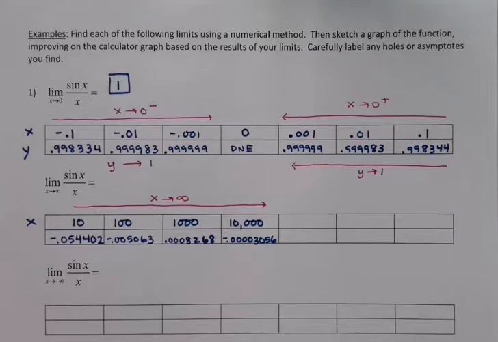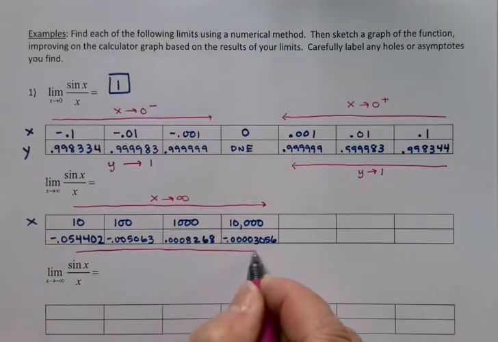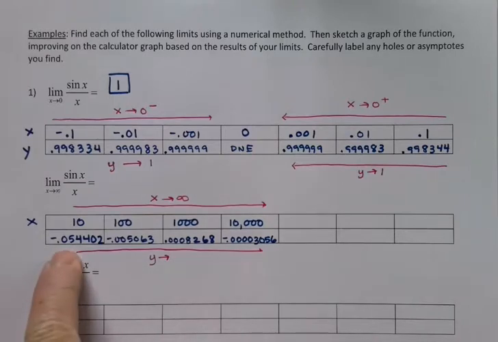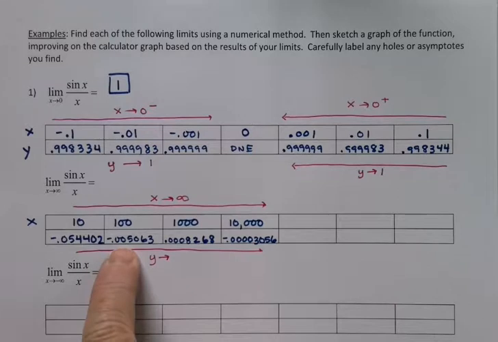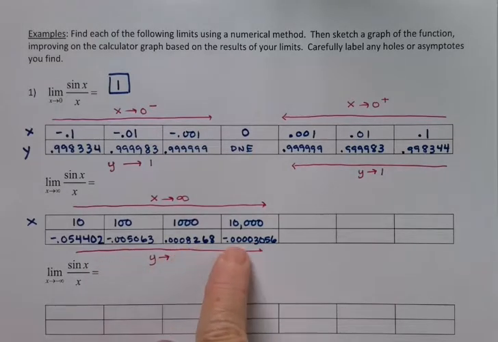So here we go. I've got my values from the table written down in my chart here. And I did change my scientific notation into standard notation just to make it a little bit easier to see. But let's see what happens to y here as x goes to infinity. I've got negative 0.05, negative 0.005, and then 3 zeros and then an 8, and then 4 zeros and then a 3.